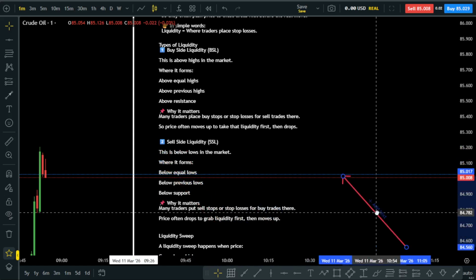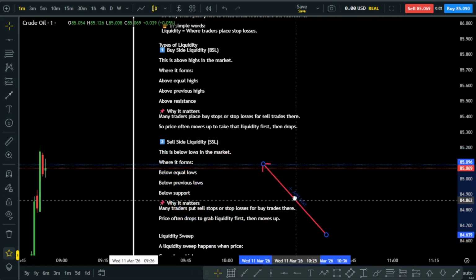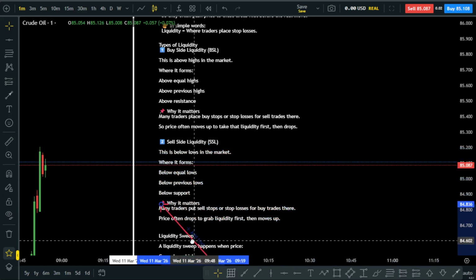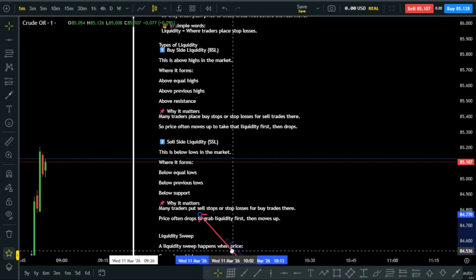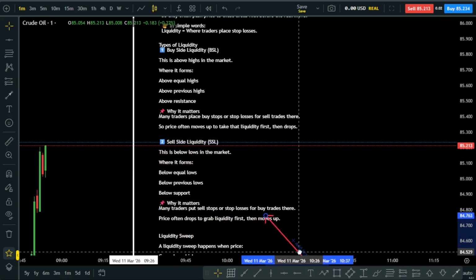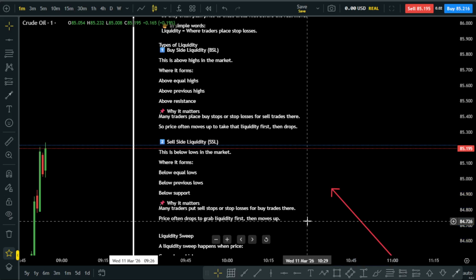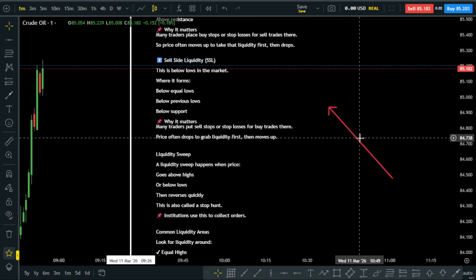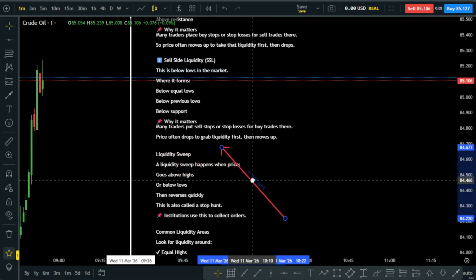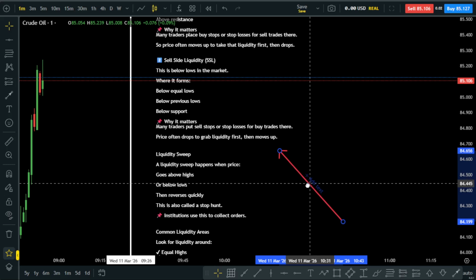Below the support we have sell side liquidity. Why it matters? Many traders put sell stops or stop losses for buy trades there. Price often drops to grab liquidity first, then moves up.